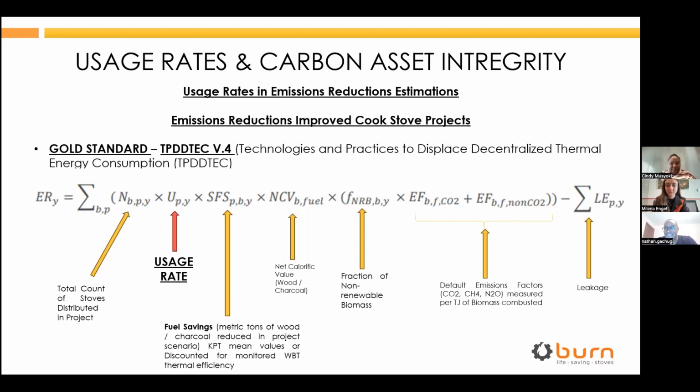This equation here, I'm sure Cindy and the other project developers will be most familiar with. Here you can see a snapshot of all the variables that go into the computation of these emission reductions. I highlight the value there, UPY, which is what we are discussing here today, as the usage rate.